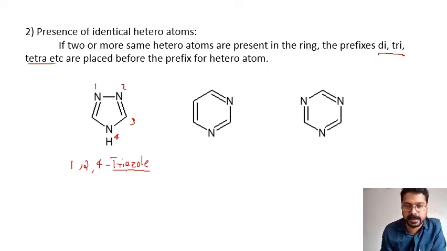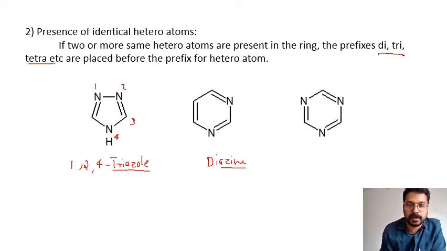So this one is azine, aza plus ine. Okay, it is azine. Actually, it is pyrimidine, but I can write it as azine. It is di plus azine, diazine. I am adding the prefix di before the name of the heteroatom.